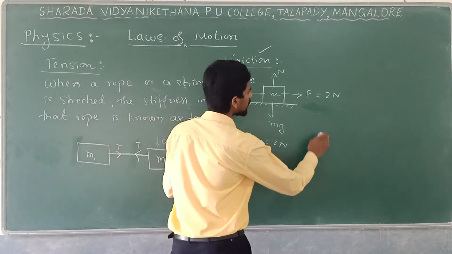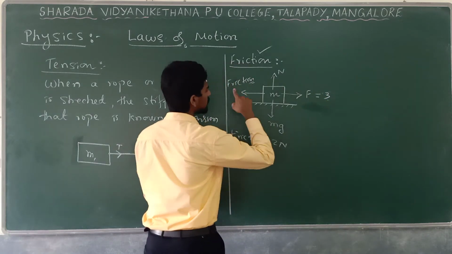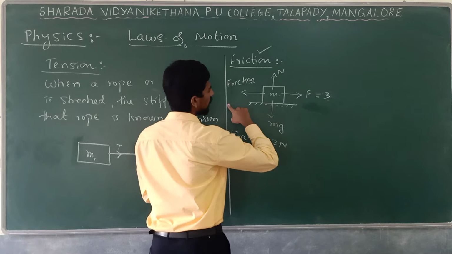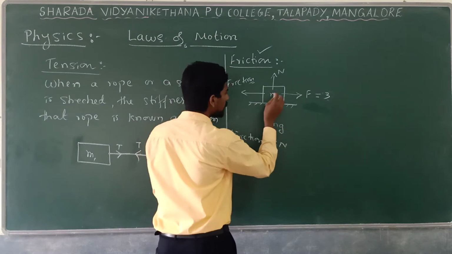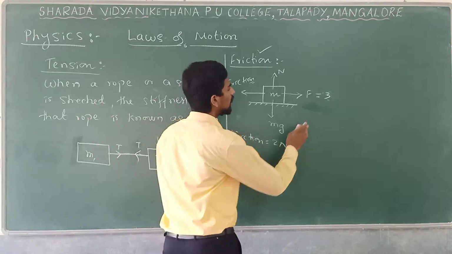Now I am increasing the applied force to 3 Newton. If it is 3 here, friction is 3. If it is 4, friction is 4. If 5, then 5. For example, suppose it is moving. It is not compulsory that the body must move only at 10 Newton.